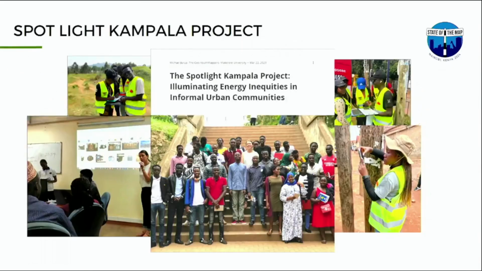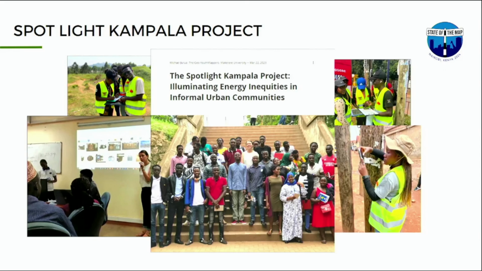Here, I would like to share one of the recent projects that we had, the Spotlight Kampala project, whereby we were mapping electric poles, as well as getting to know the energy supply within the informal urban settlements in Kampala. That was all informal settlements within Kampala.